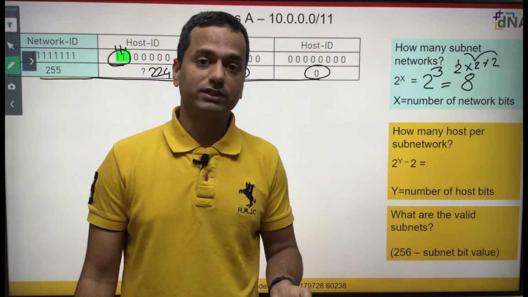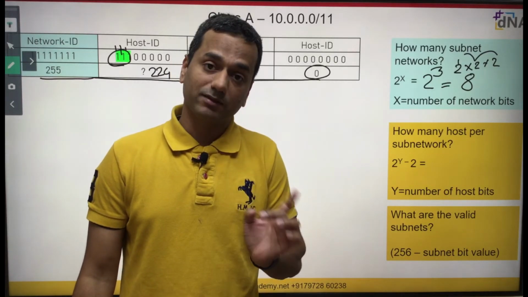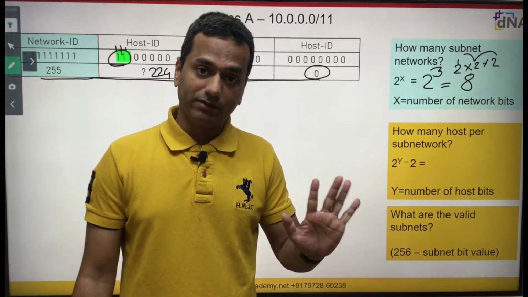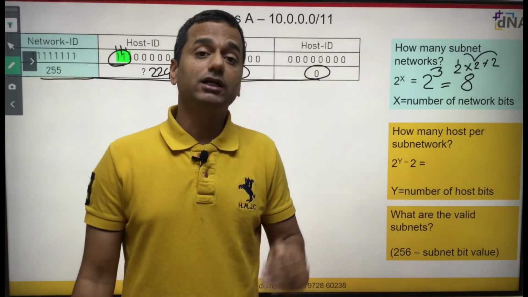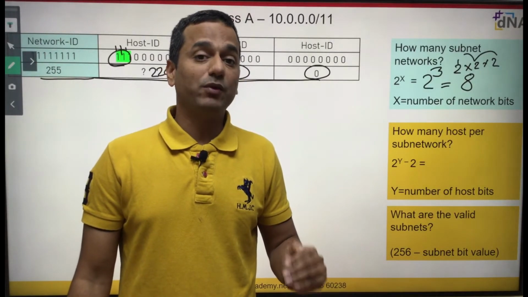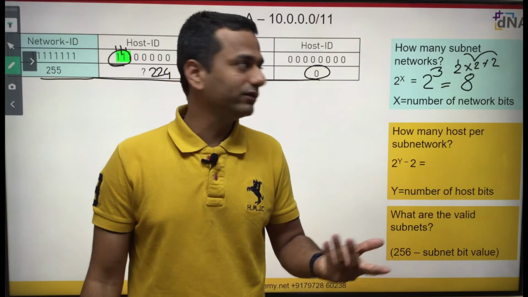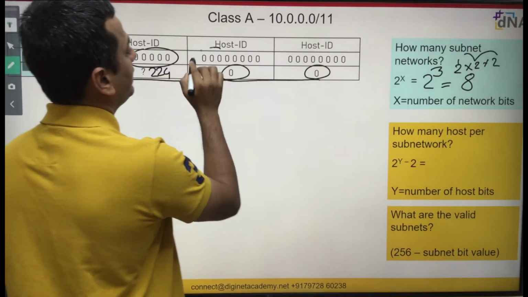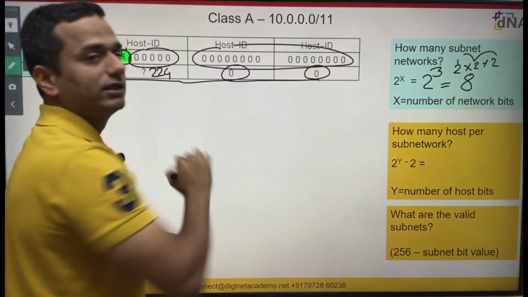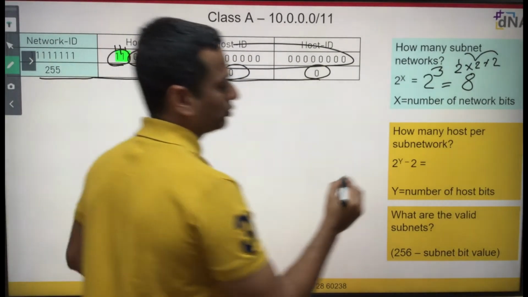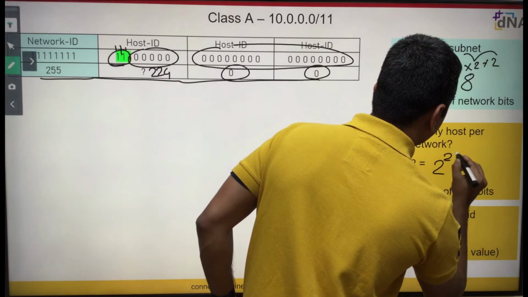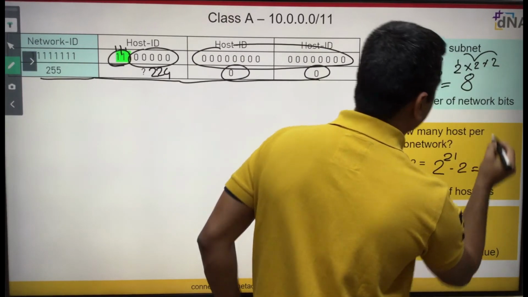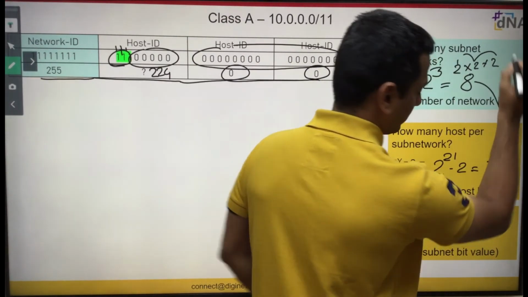But what about the hosts? How many hosts per subnetwork? 8 subnetworks I will get, but per subnetwork I will get 2 raised to power 21 or 22? 21. Why? Because 5 bits from the second octet and a total of 16 bits from the third and the fourth octet. So 2 raised to power 21 minus 2 hosts per subnetwork.